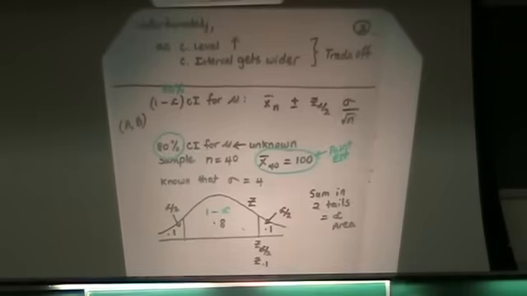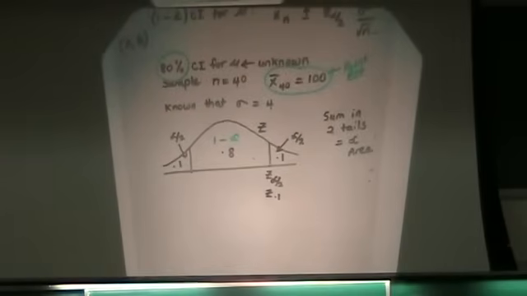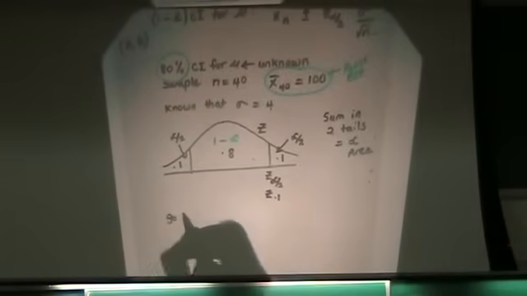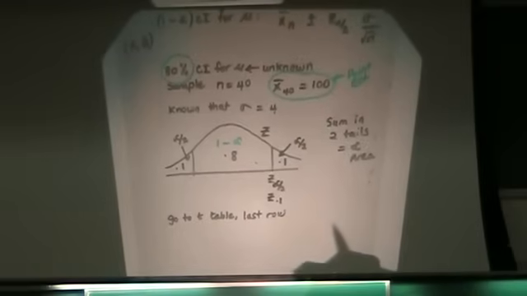How do we find Z.1? We go to the T-table, last row. What do you see? You must have your T-table.